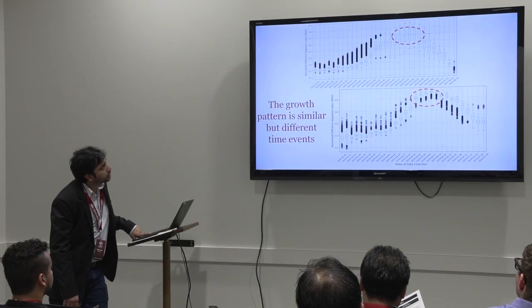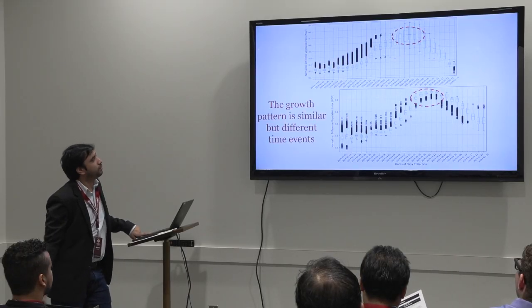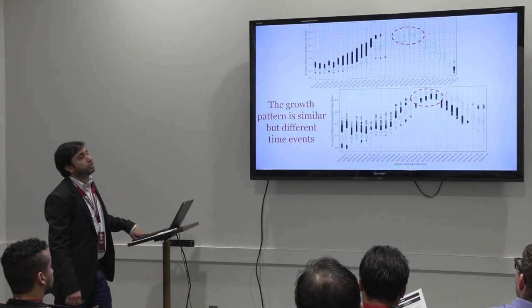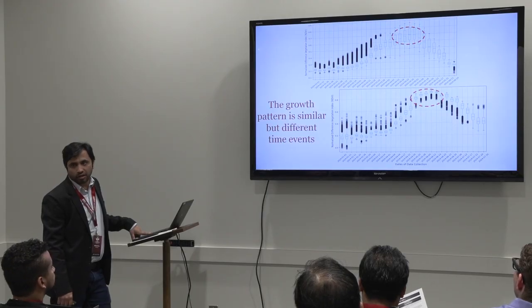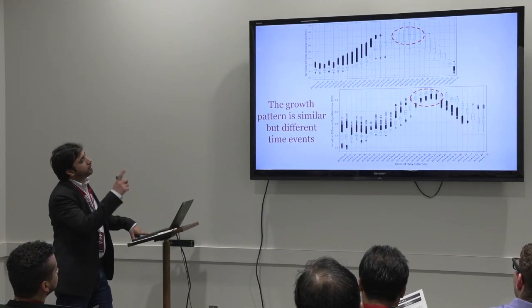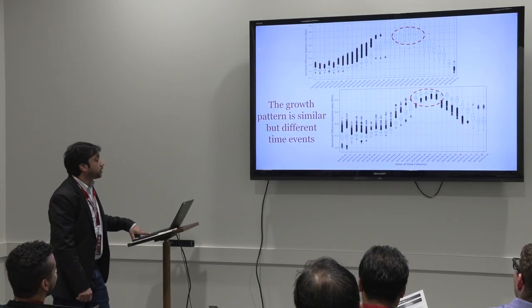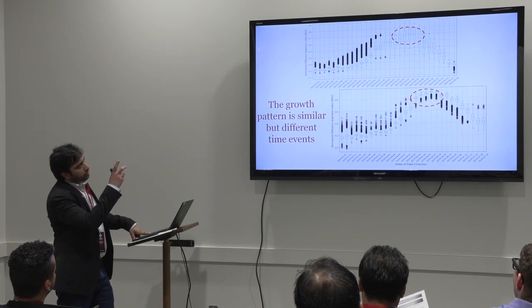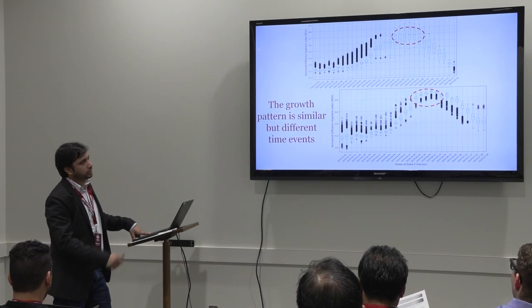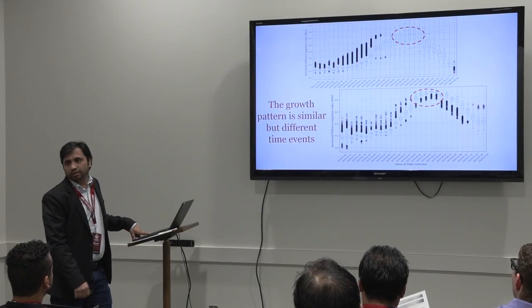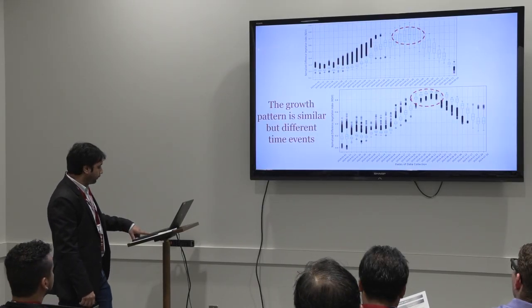Now the major difference is when that peak happens. The peak in Amarillo happens almost a month earlier than the peak in Armenia. That is one of the things I'm going to talk about in the next slide on how to deal with. And another thing is the season is a little bit longer in Armenia compared to Amarillo.